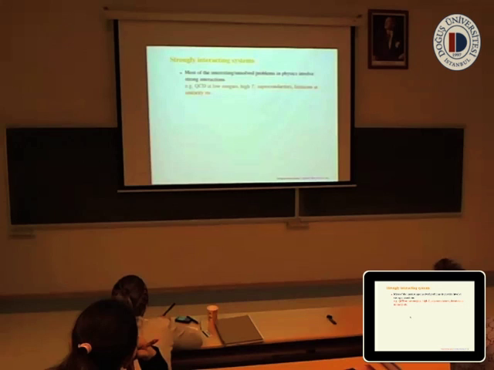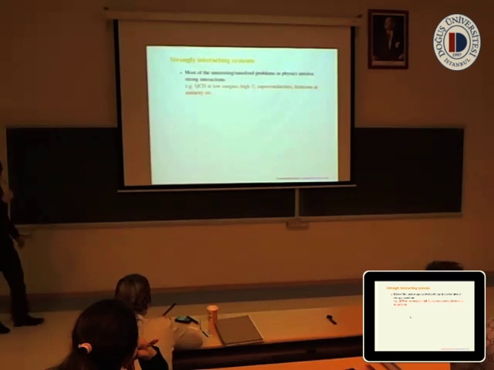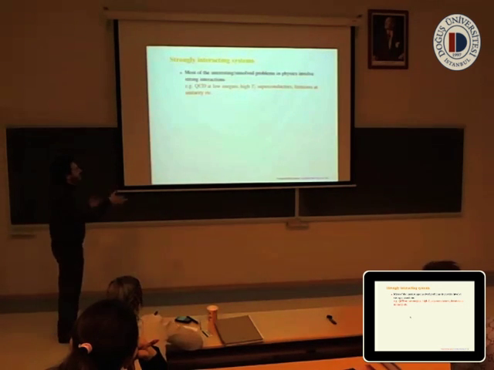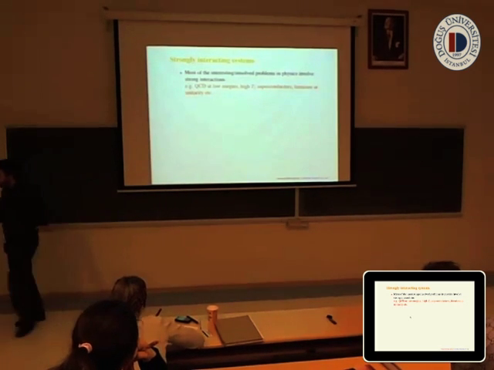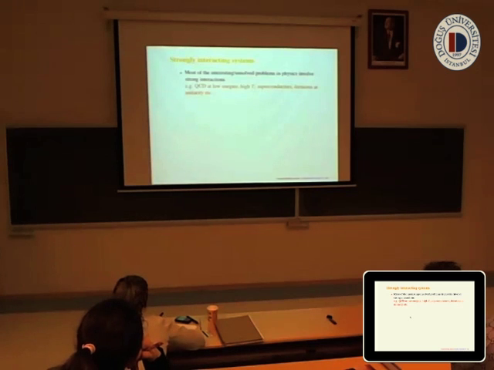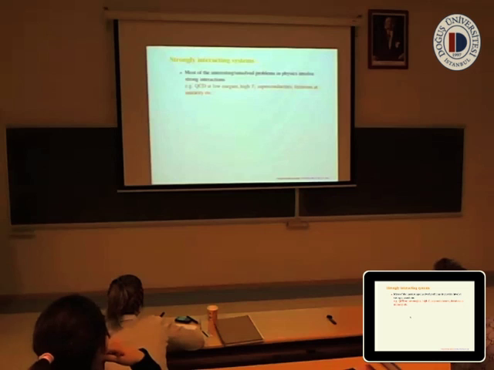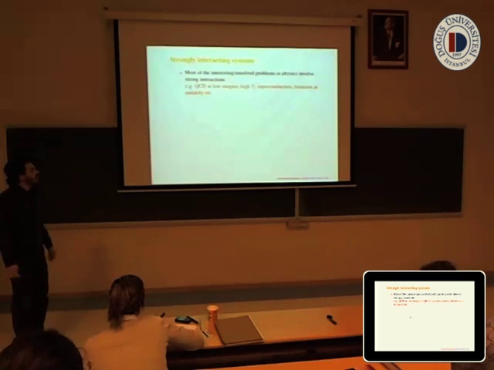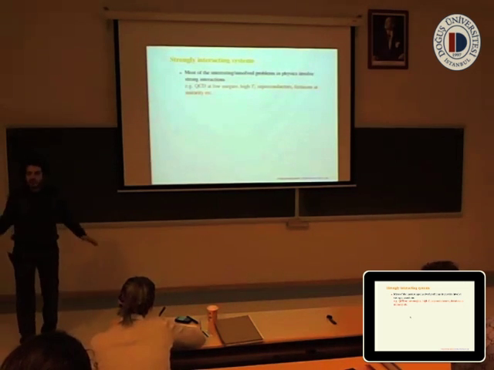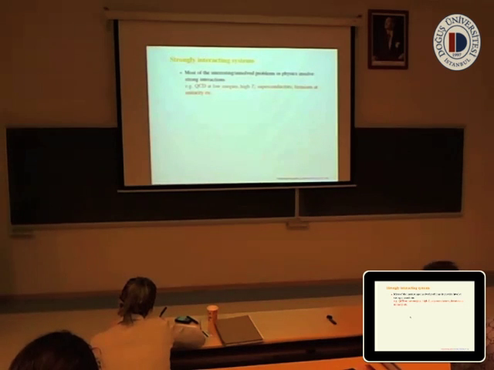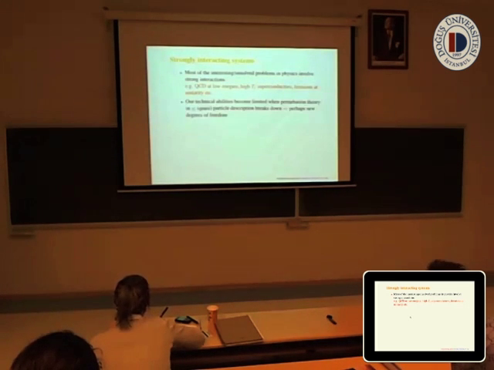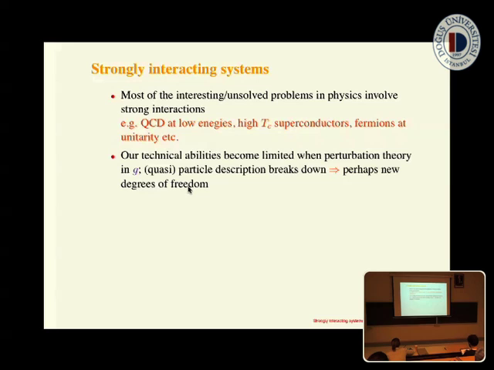And so if we can find some technical handle on understanding or approaching these problems in a completely different way, it would be very useful. So this is what I will be talking about. And this new technique essentially comes from string theory. There is one such technique, and it's called the holographic duality. So I will first talk about that a little bit.